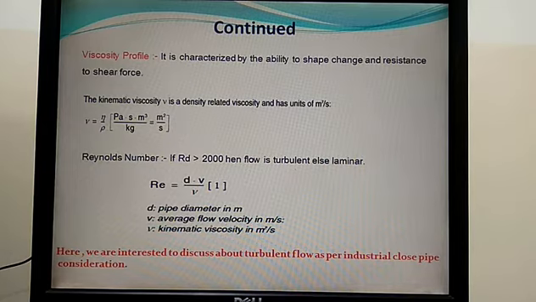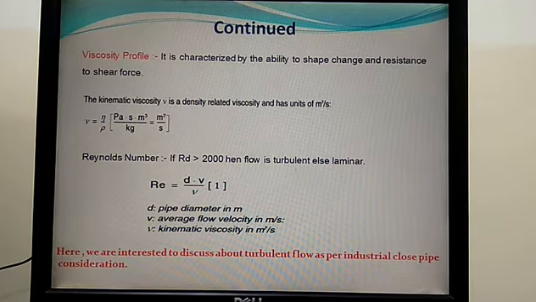Here we are interested in turbulent flow as per industrial closed pipe consideration, because there is always some turbulence; we will not get 100% laminar flow inside process pipelines. So our basic consideration here is turbulent flow.